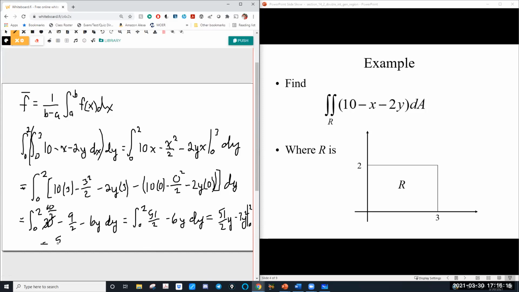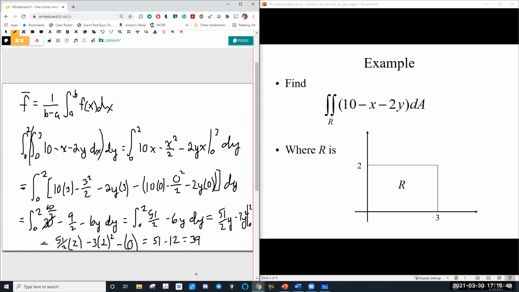So we're going to have 51 halves times 2 minus 3 times 2 squared. The whole second part's going to be 0. So let's put that in there for notes. So we end up with 51 minus 12, or 39. So that's how procedurally we do a double integral.